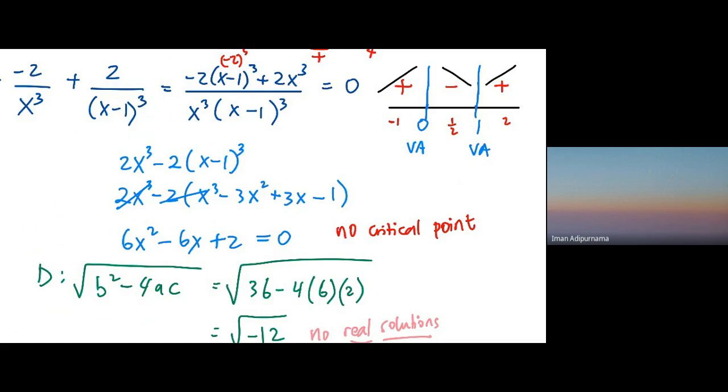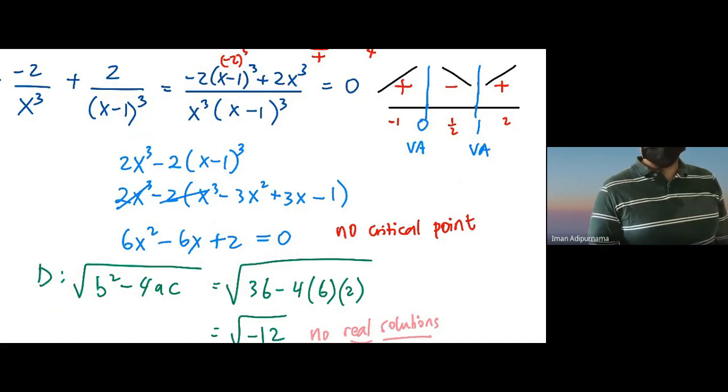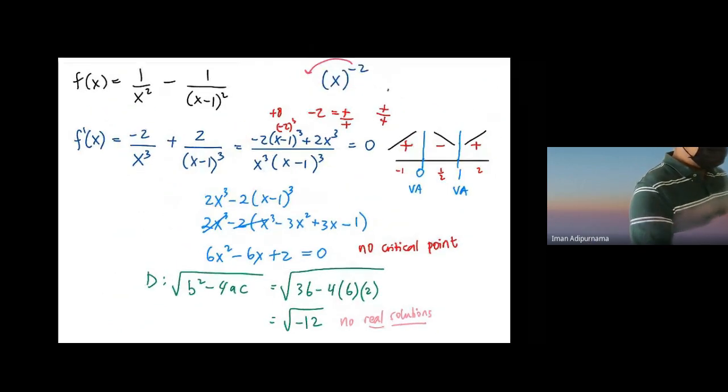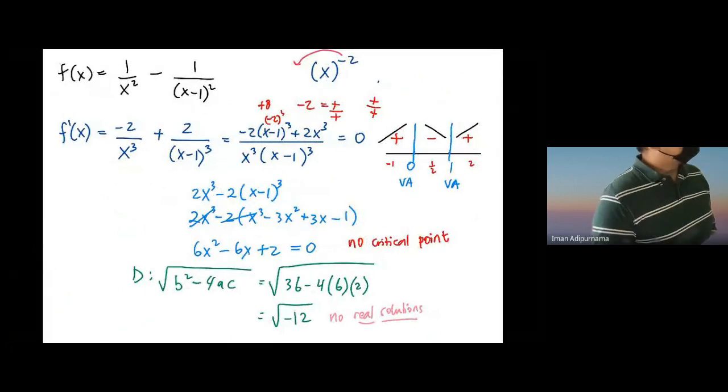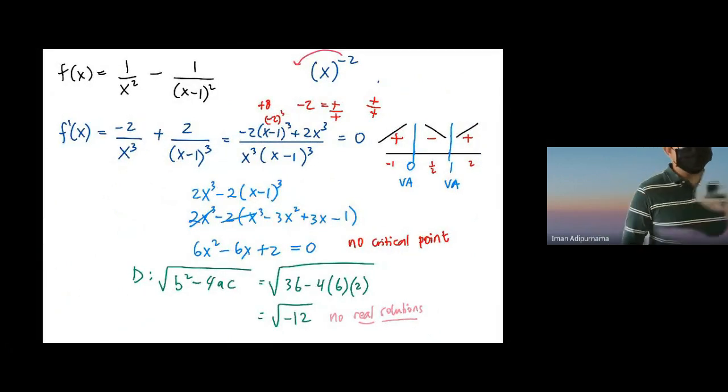So we need to check whether the interval is concave upward or concave downward. But let me give you a little break time for looking at this first. Maybe you need to take some time to look at the equation.